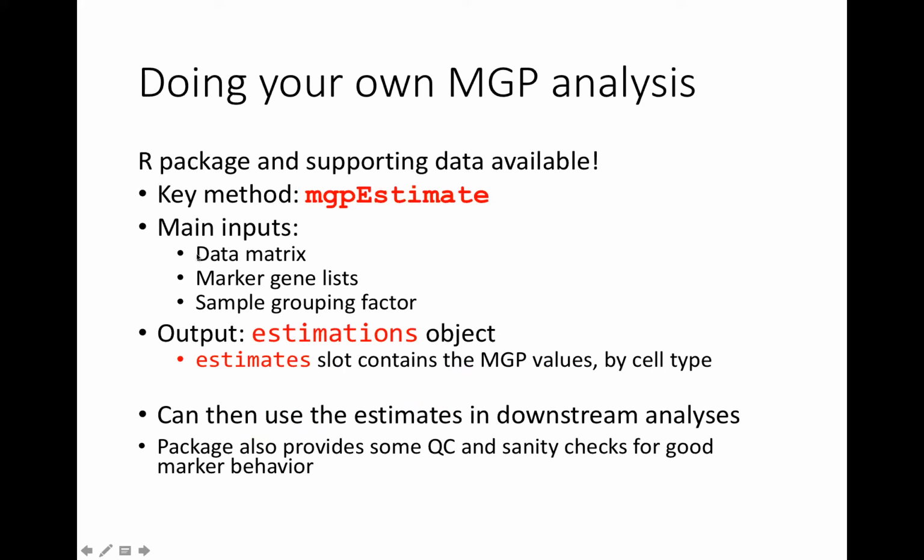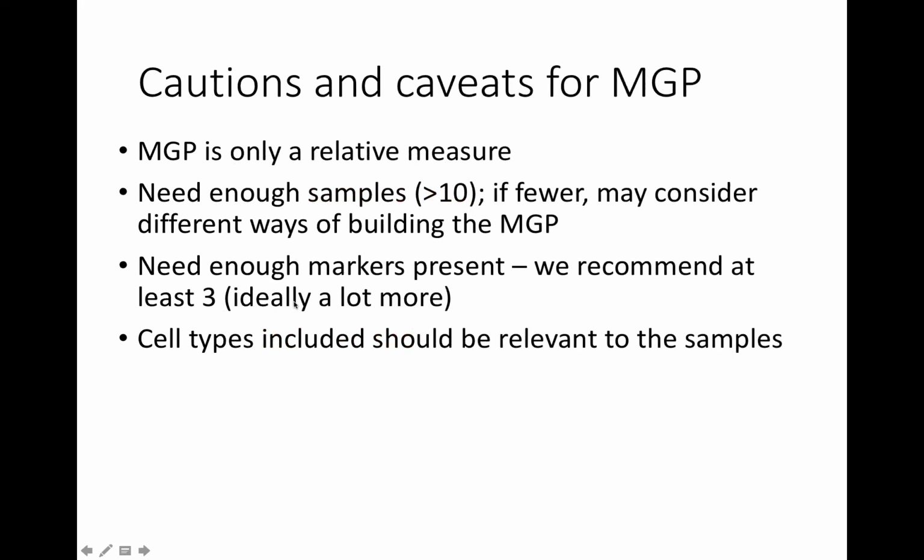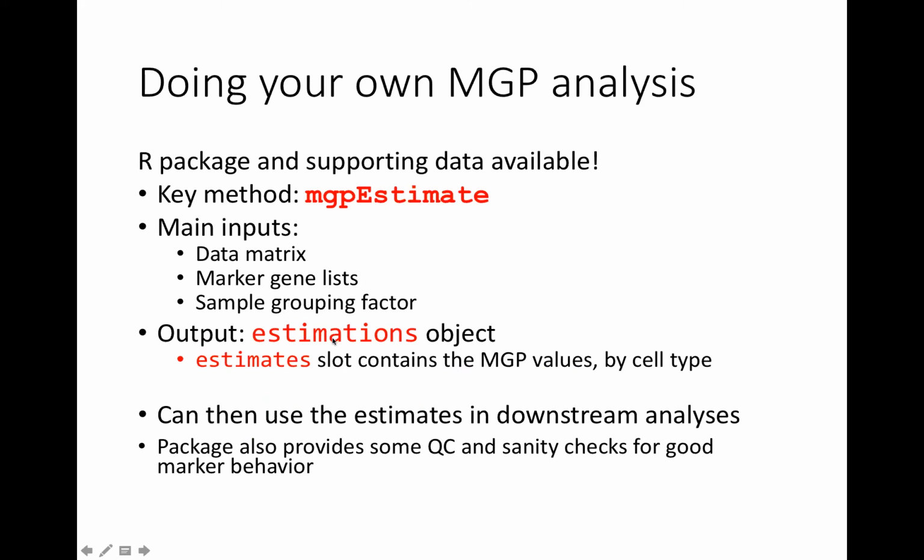It takes as input your expression data matrix, the marker gene lists, and then you can have a sample grouping factor as well, for example Parkinson's and control. The output is this estimations object, which includes the estimates for the MGP values for all the cell types that you included in your analysis. And then of course you can use that for downstream analysis.